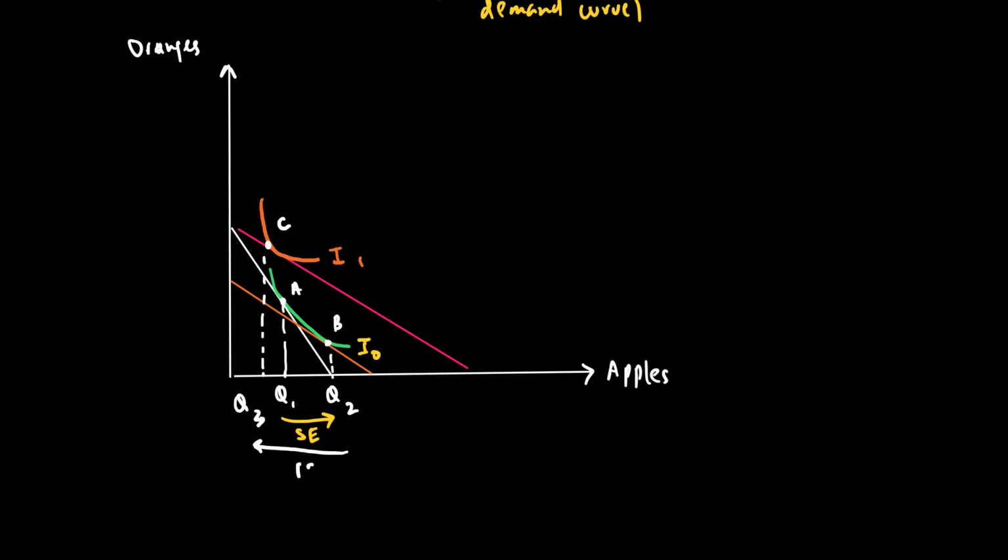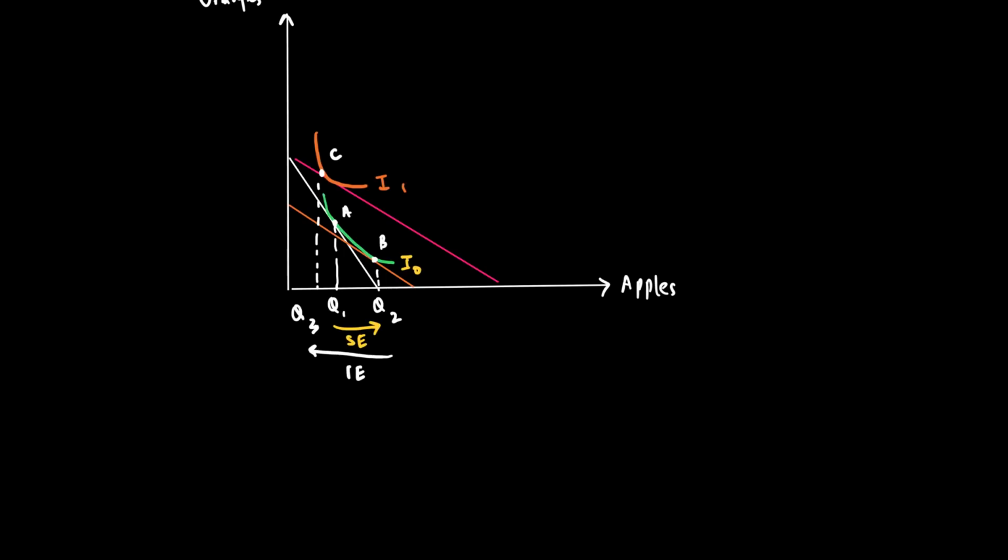So the income effect is much more powerful, so much so that it has completely outweighed my substitution effect.